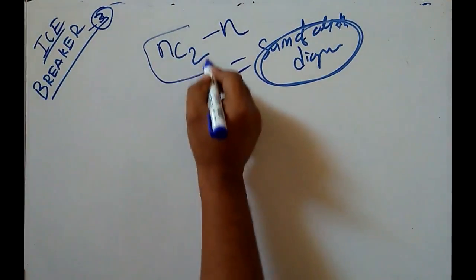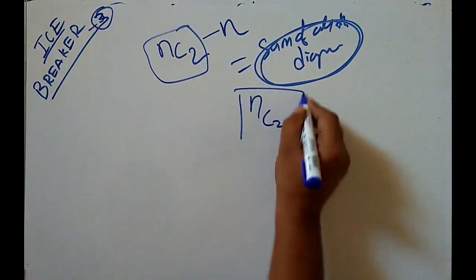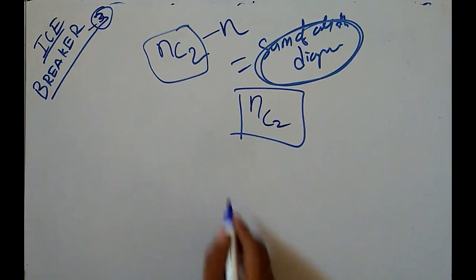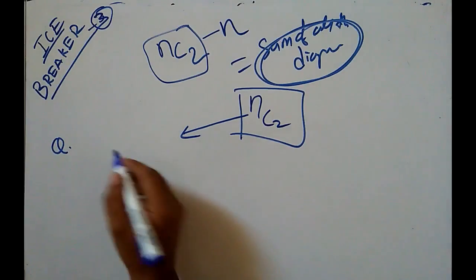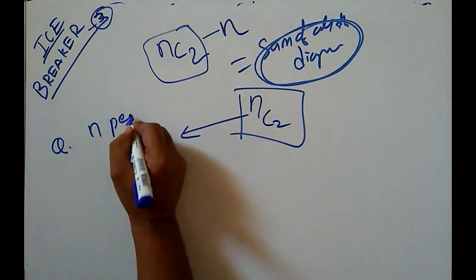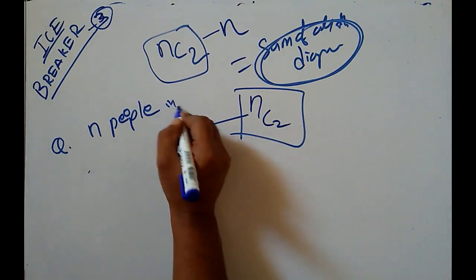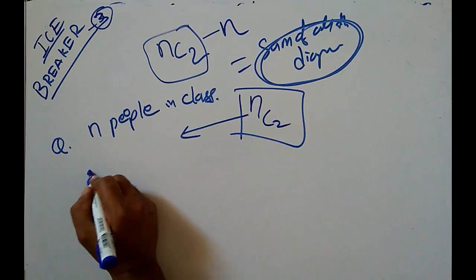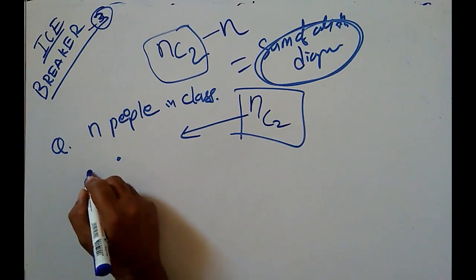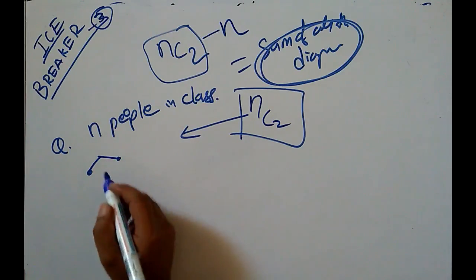See friends, this is one such wonderful formula you haven't seen in your life, because this is the answer for a question like this: if there are n people in the class, and every person gives a high five to another person. Friends, you know the high five, right?